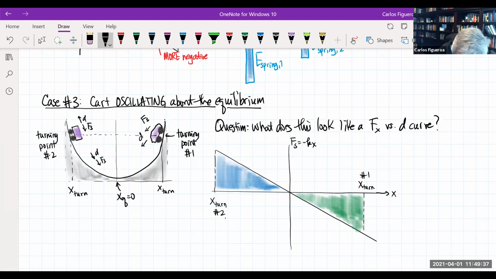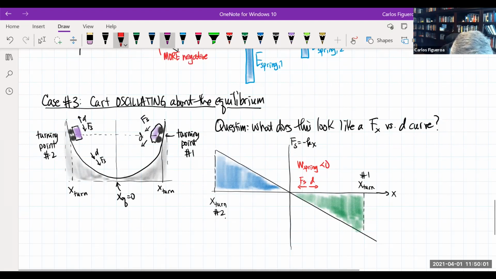So if I move away from the equilibrium, then that means I have my spring force and my displacement in opposite directions. So now I have a spring force that's negative. So it's going to reduce the kinetic energy of the cart.